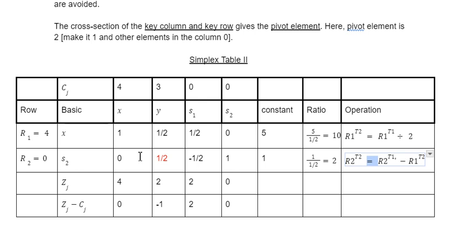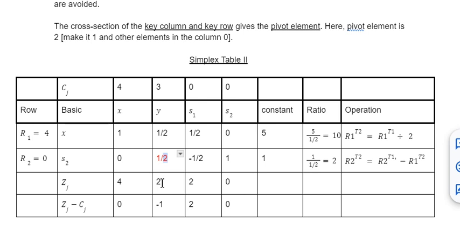After these two operations are applied in row first and row second, we will have to calculate Zj and Zj minus Cj. Zj is always calculated from R1 into this column variable plus R2 into this column variable. In this case, we have 4. For the next case, we'll multiply R1 into this element plus R2 into this element.